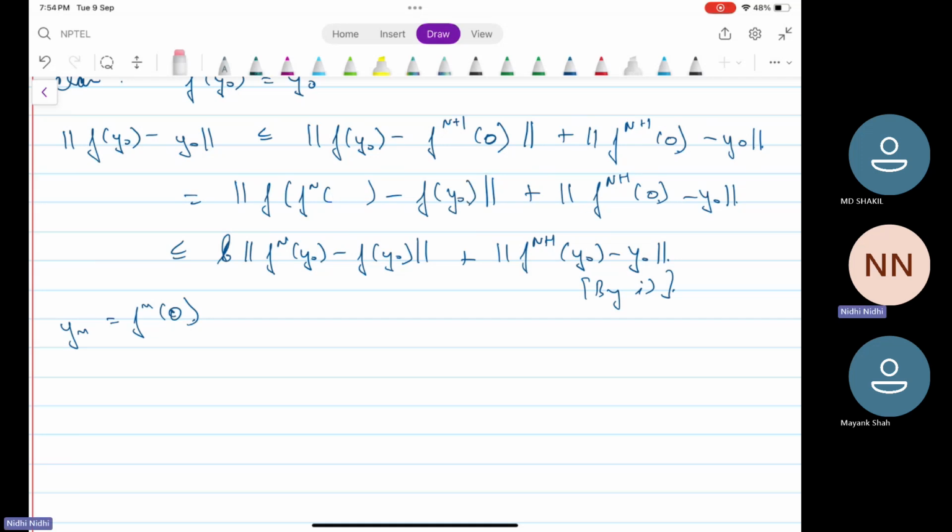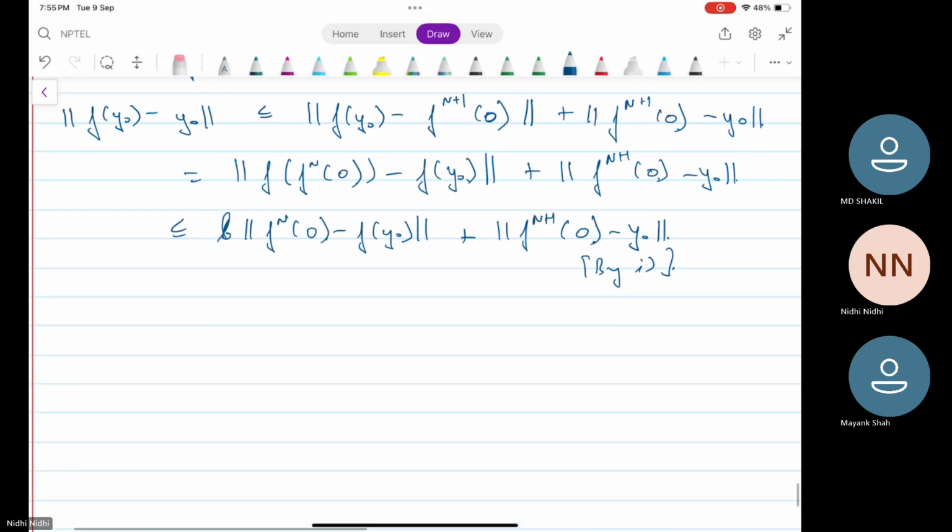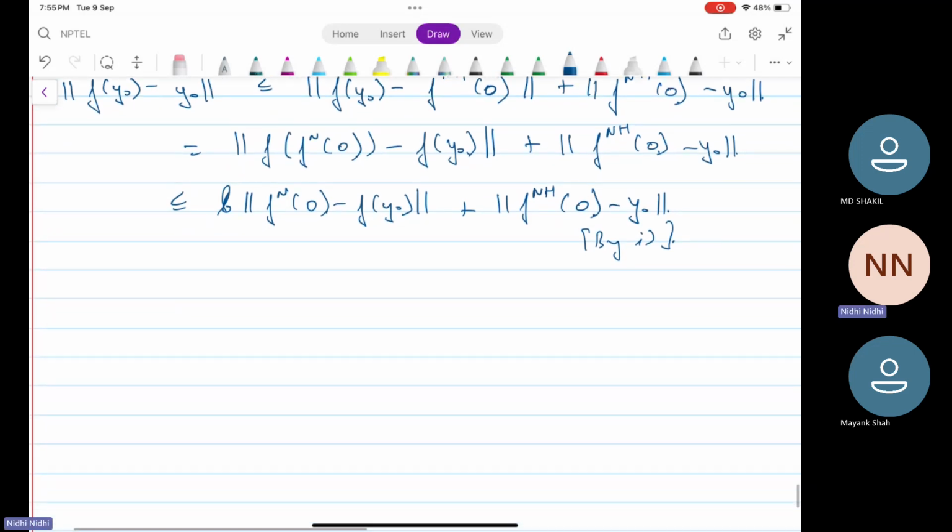And this should be 0. Then I'll get terms of the sequence. This is 0. This one is 0.